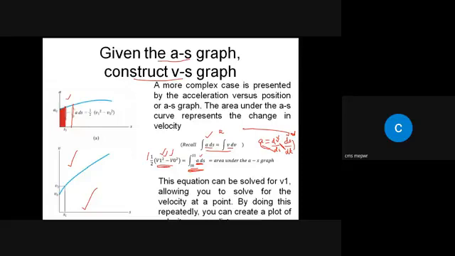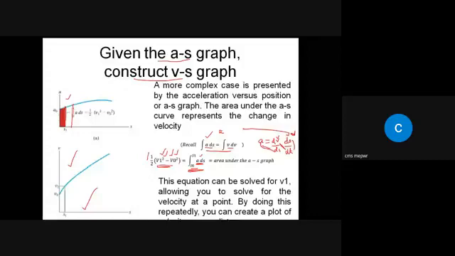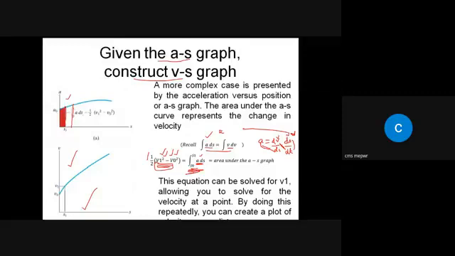I'm not saying that the area under the curve in this equation or in the previous equation will be the same, but whatever we have on the left side, in case of this equation we will get the area under the curve for it. So area under the curve from AS will give us the velocity.